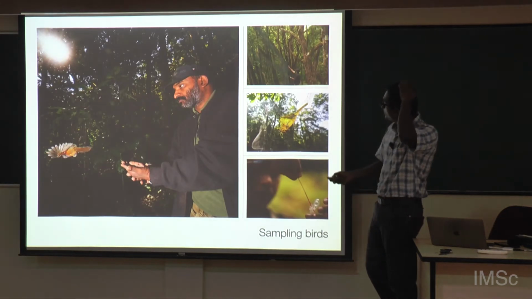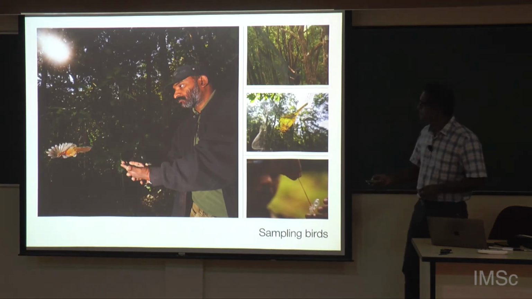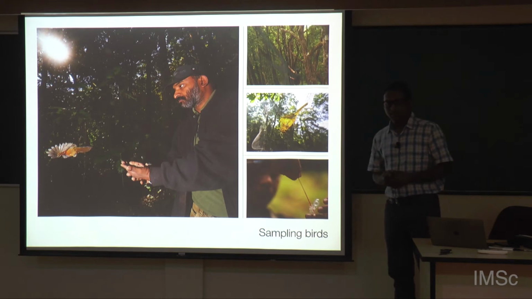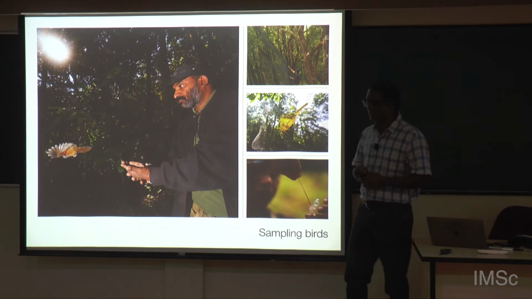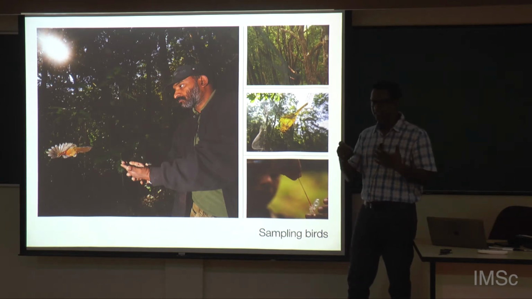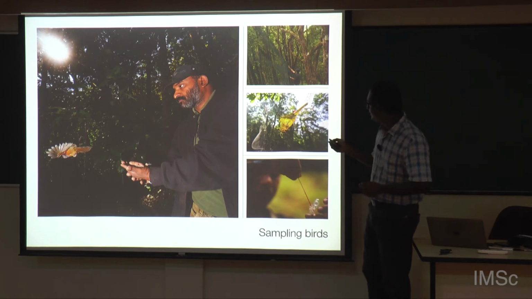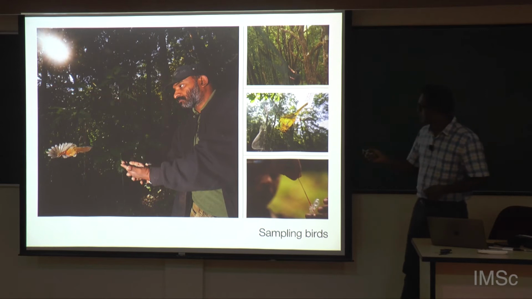So this is my collaborator Vishnu, and what we did was we went up to all those mountaintops. We put up these nets. They're called mist nets, only because it's very difficult to see. It's a very fine net, and the birds get caught in the net like this.